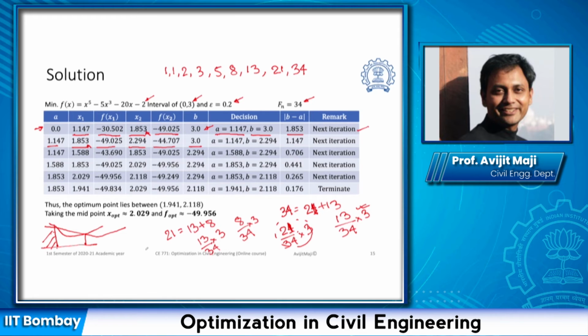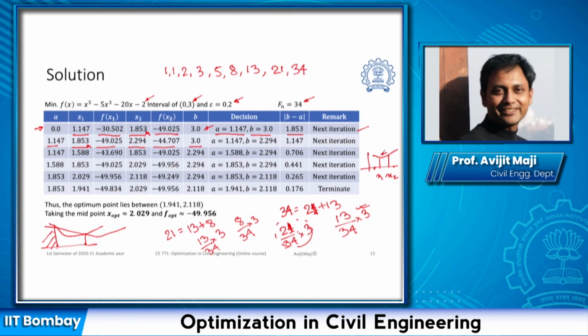Now again, if we look into this in a graphical format, we have the boundary here, and this is my x2 and somewhere here is my x1.